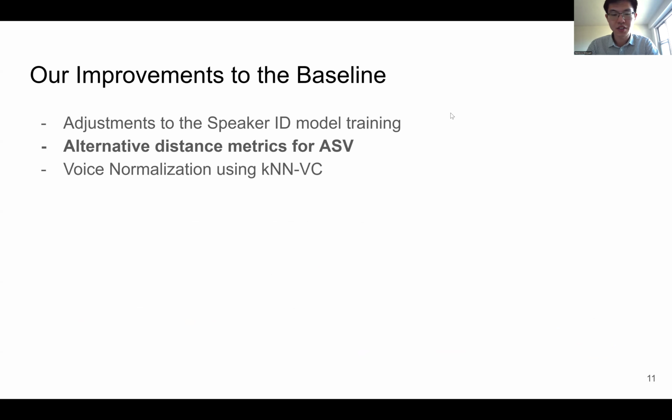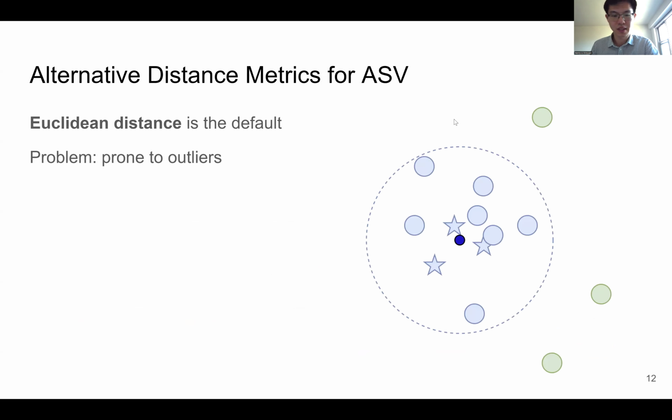Next, we will discuss using alternative distance metrics for ASV. Now, recall that in the baseline system, ASV is performed using Euclidean distance in the embedding space. So you can refer to the diagram on the right where a trial is accepted if its speaker embedding is sufficiently close to the centroid of enrollment utterance embeddings.